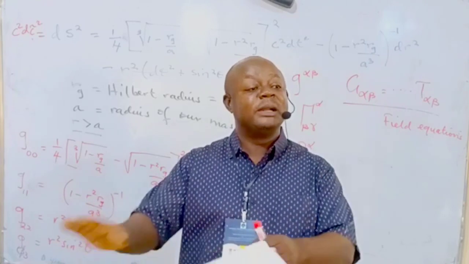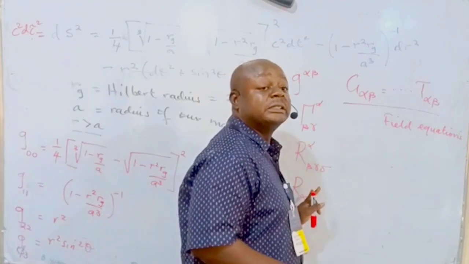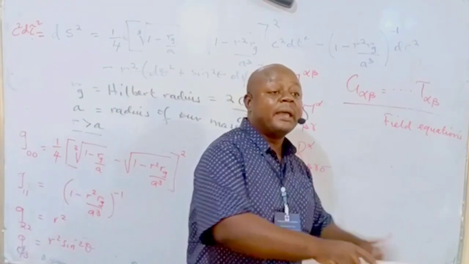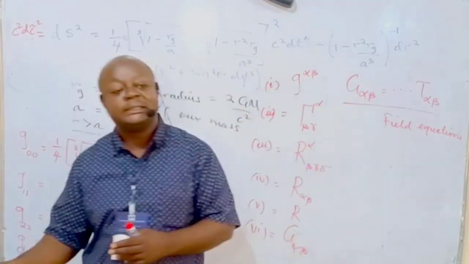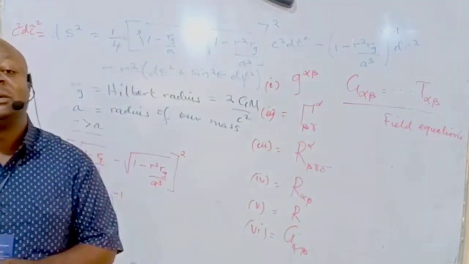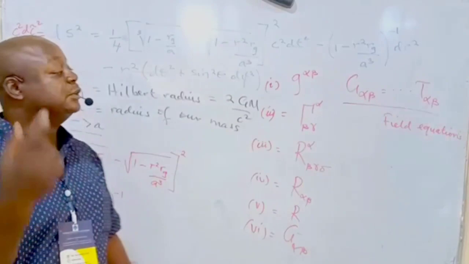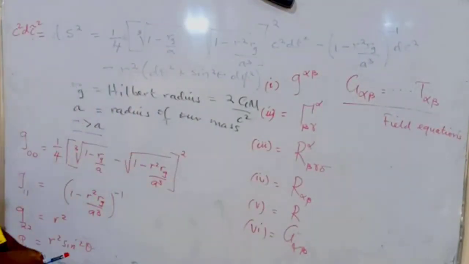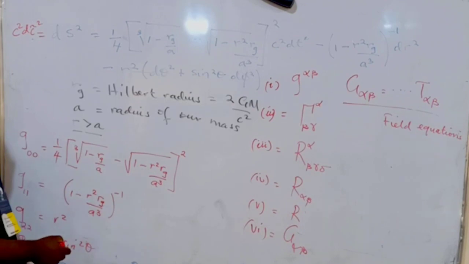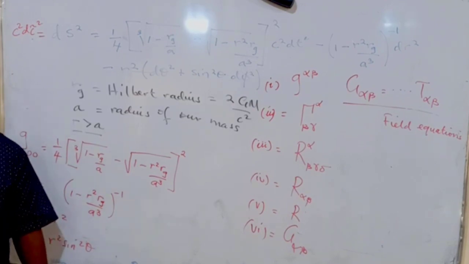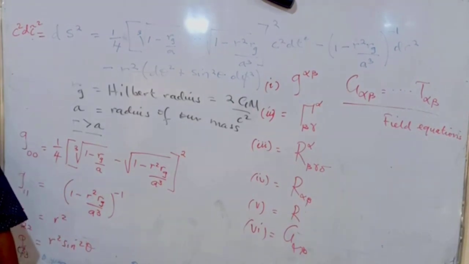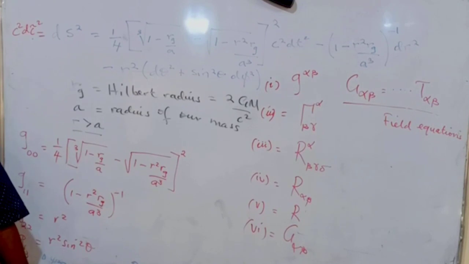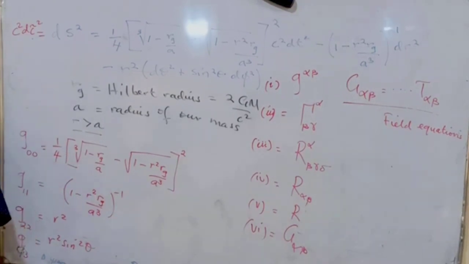Appreciate what has been done, and then you now try to do yours, and try to compare what you get with what is existing. And as you are trying to do that, you will also appreciate the contribution of the plasma nature of the star to the field equations. You will try to appreciate how your own is different from their own.